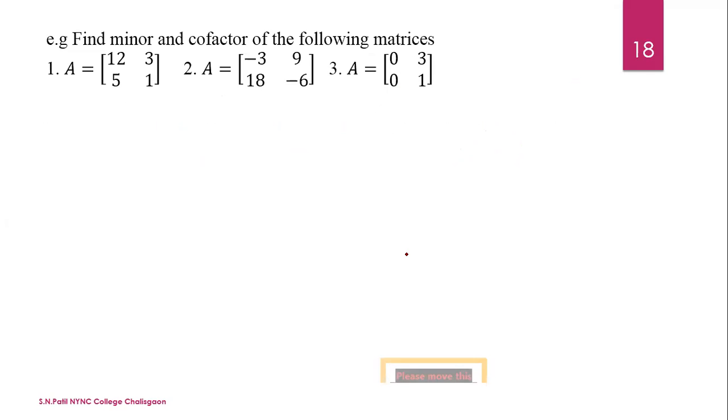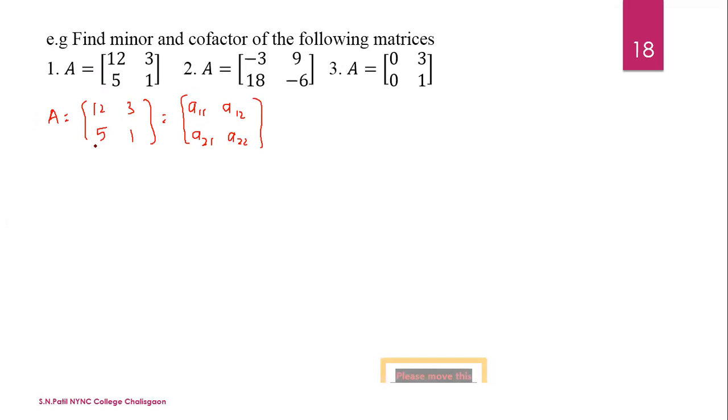The question is, find the minor and cofactor of the following matrices. Here, first of all, we calculate the minor. A is equal to 1, 2, 3, 5, 1... it can be written as, suppose, instead of that I'm taking here A11, A12, A21, A22.